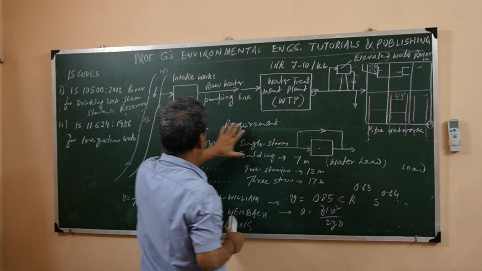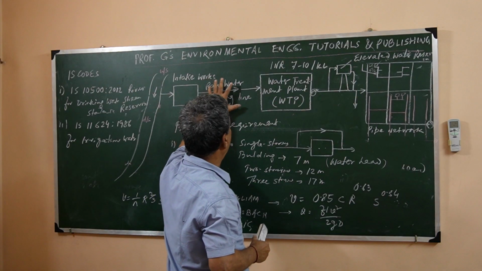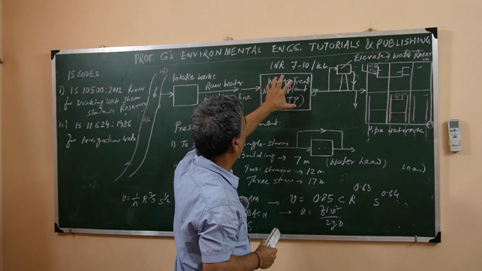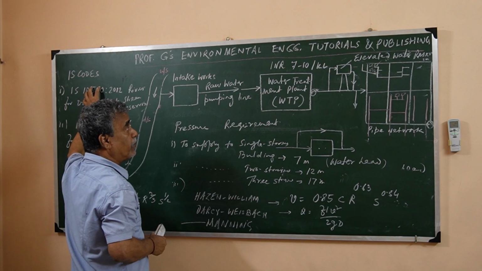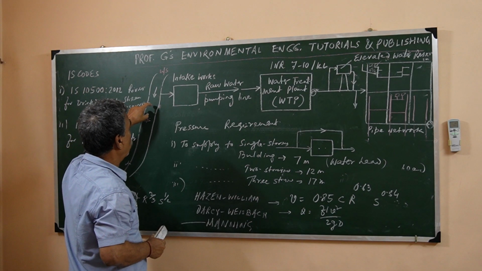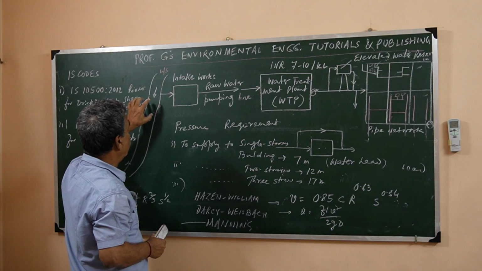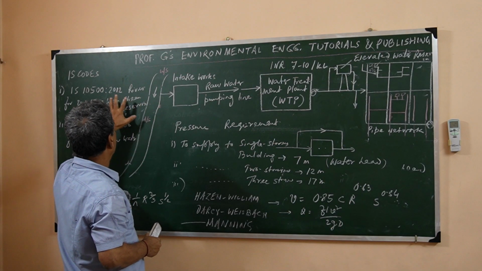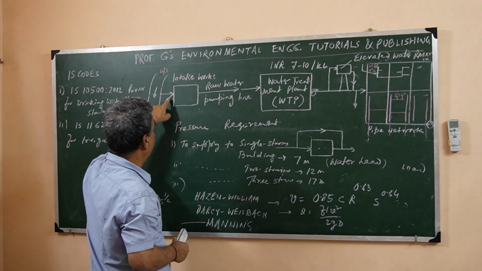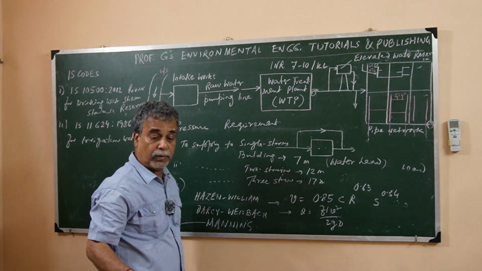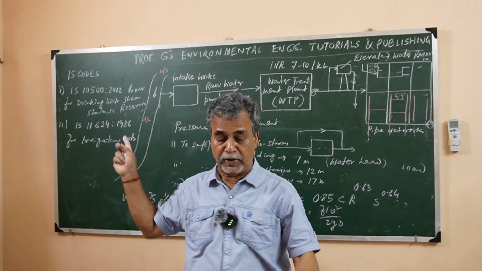While this is the collection part, the raw water pumping, and the water treatment part depends on the quality requirements also. What qualities are available for the water which is withdrawn from the river, and then we have to compare this with the standards given in the IS codes.